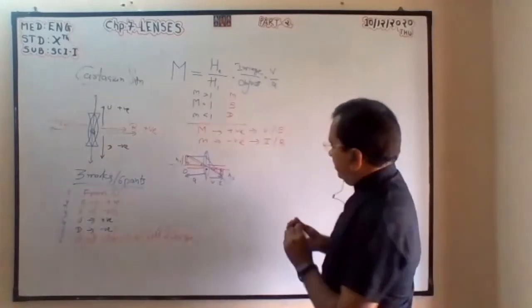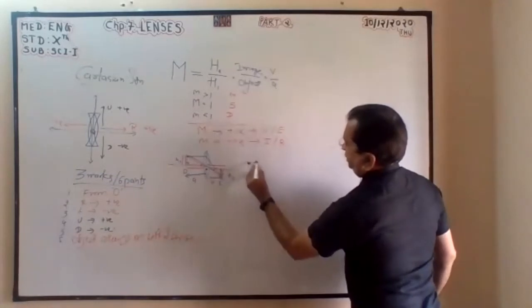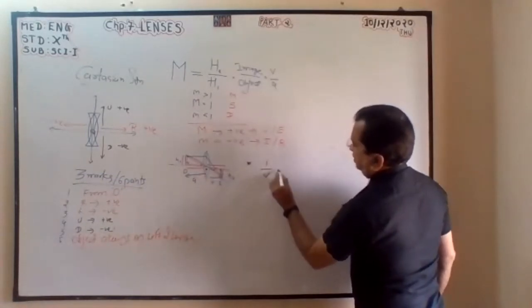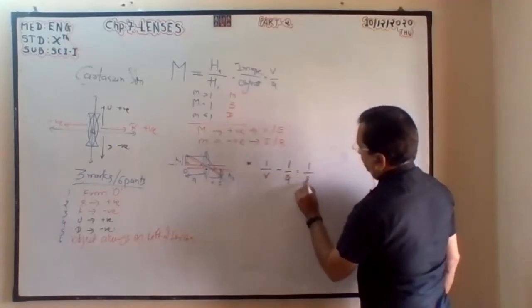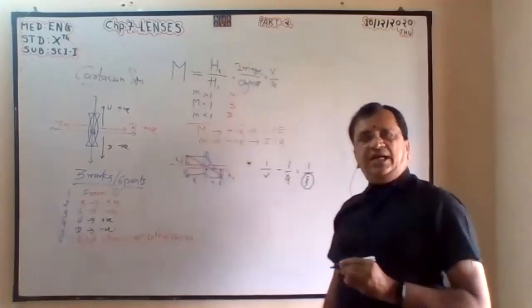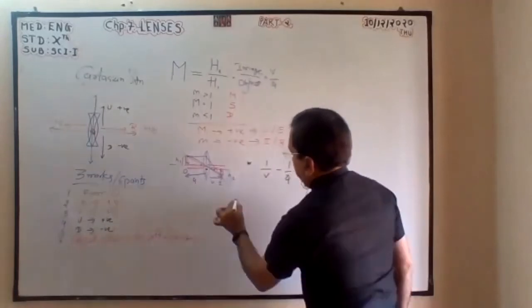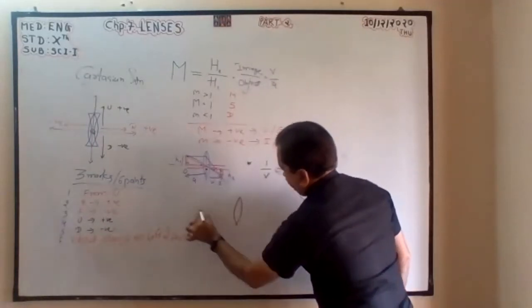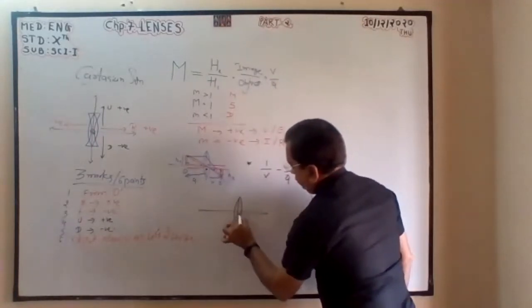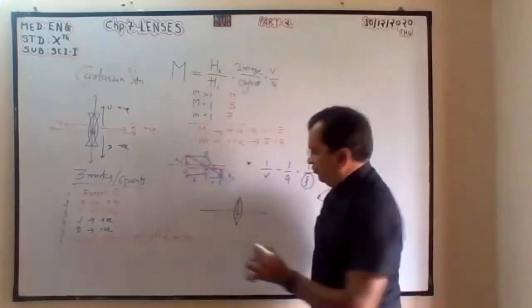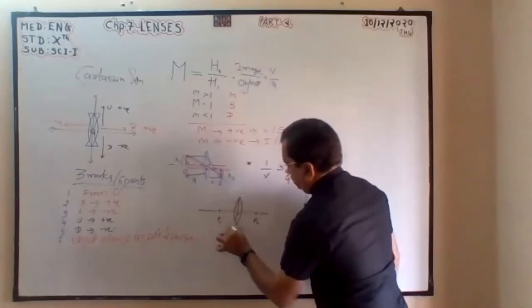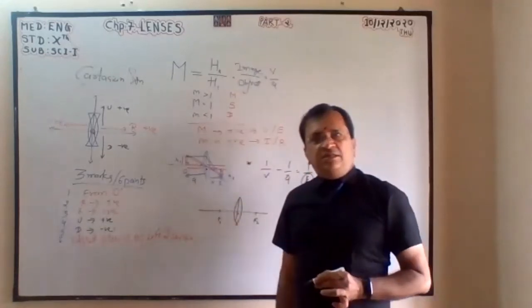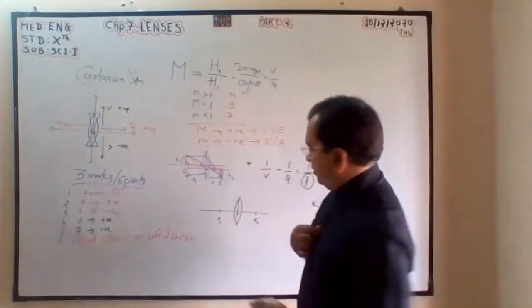And the third formula of this chapter is 1 by v minus 1 by u is equal to 1 by f. How to find the focal length of a given lens? So this is the optical point. From here focal point is 1, focal point is 2, but that you have to calculate.